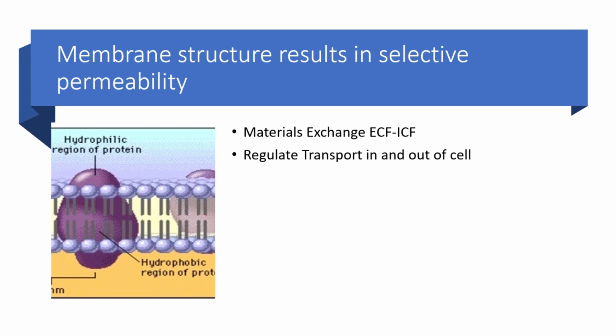Selectively permeable means, again, it has the ability to regulate what molecules or atoms are able to come inside and go outside. Again, it's protein. The plasma membrane is controlling this: what's moving in, what's moving out.